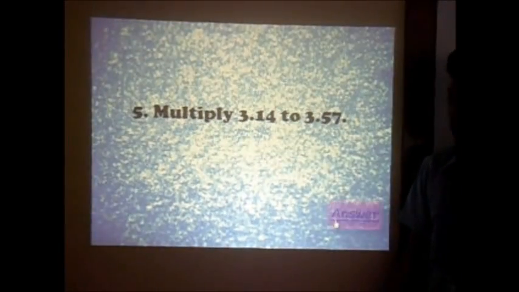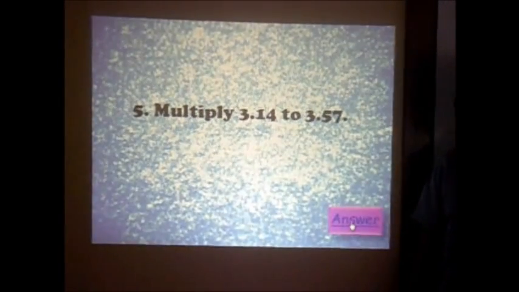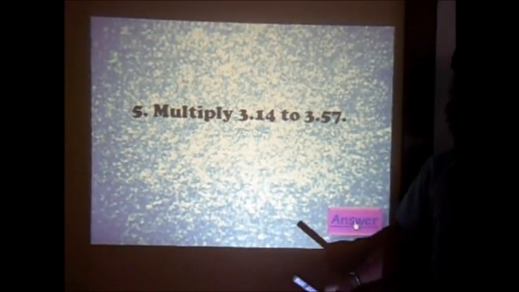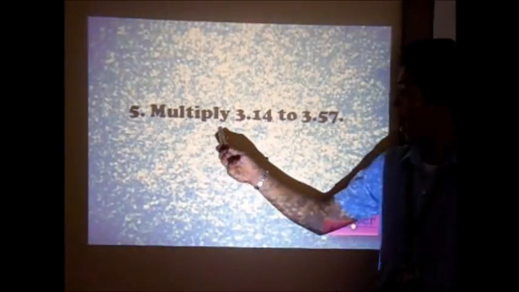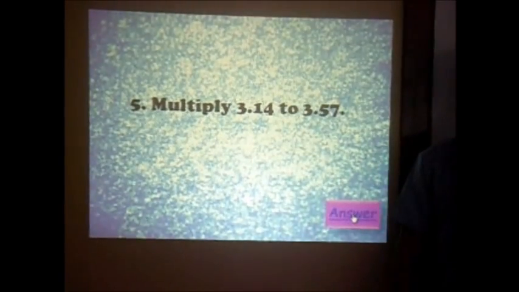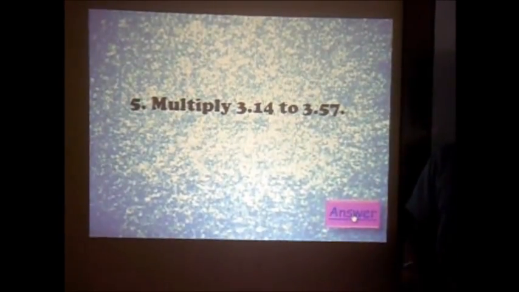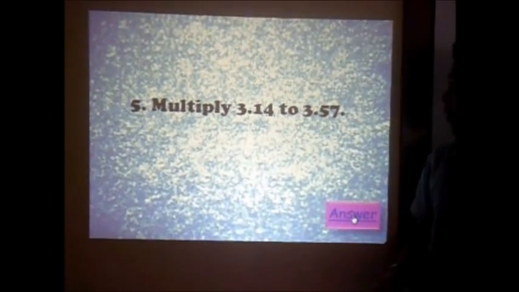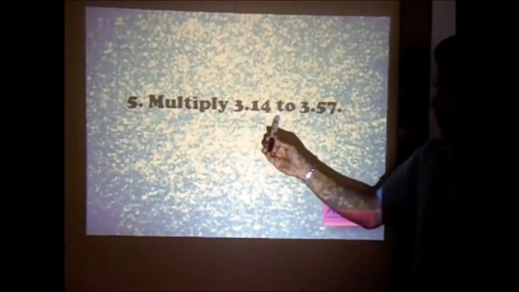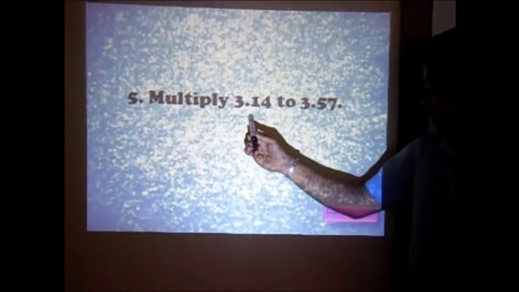Next question. This is the last and final question for our decimals. We have to multiply 3.14 by 3.57. Take note that in multiplying or dividing decimal numbers, you need not align the decimal points.